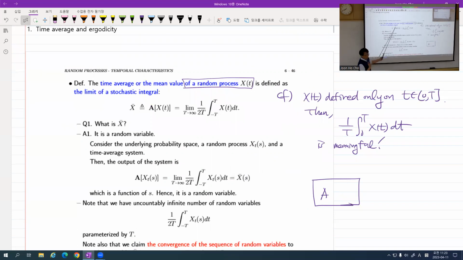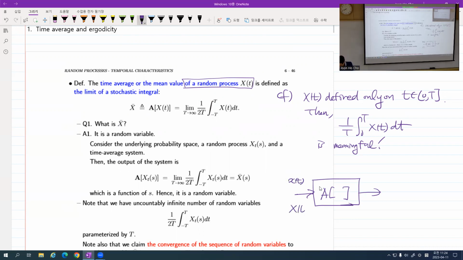So let's consider a random process, a continuous time random process, capital X of t. Now, what we do is that we plug in this random process to the time average operator. So simply consider some box, some system that computes the time average of the input. Before we used a deterministic signal as the input.